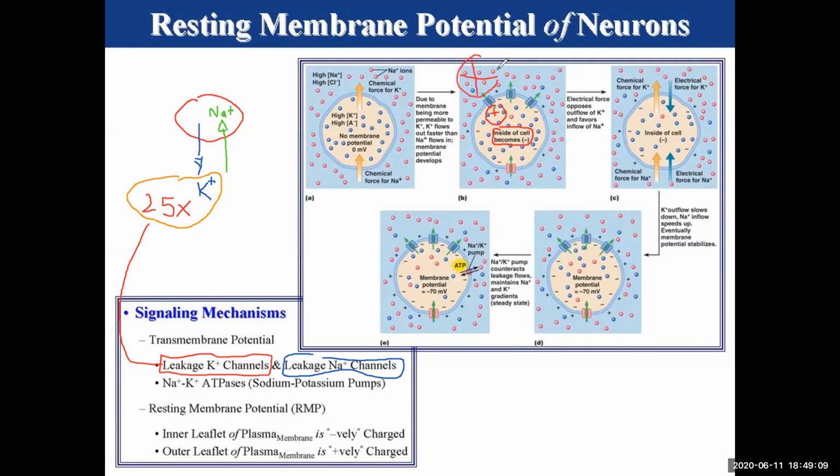Because there's more potassium leaving than sodium is coming in. So inside the cell becomes more negative, meaning it has less positive charge, due to the massive efflux of potassium, at the tune of 25 times more potassium leaving than sodium coming in.